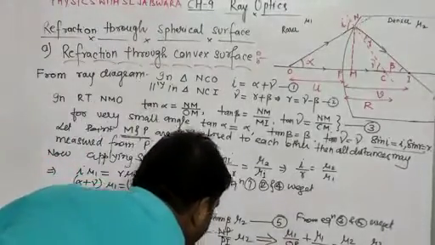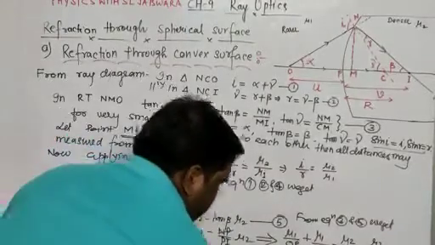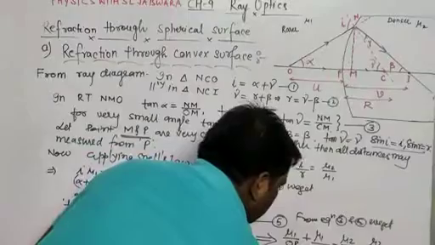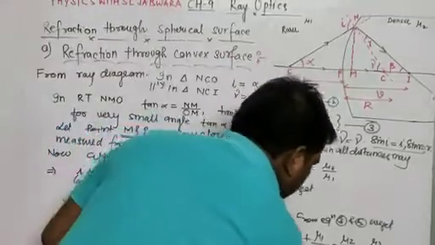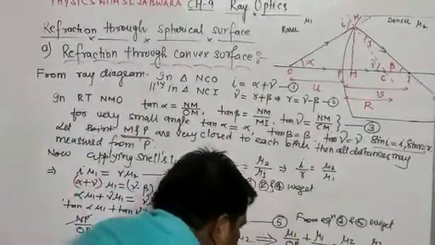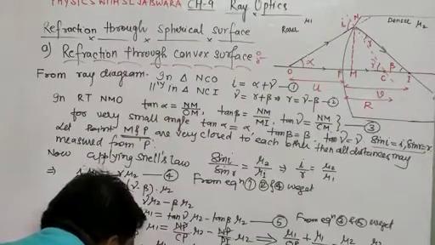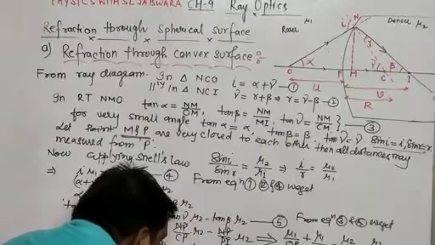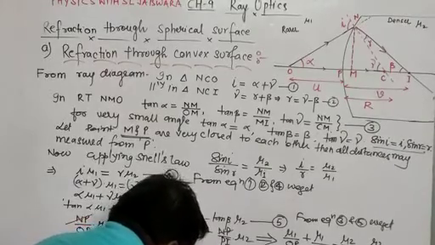So further we will get, see, mu 1 upon minus U, when you transpose this to RHS it becomes plus, mu 1 upon plus V is equal to mu 2 upon capital R. When you transpose this mu 1 upon R to RHS it will be minus mu 1 upon capital R. So rearranging, we can write the first term, mu 1 upon V minus mu 1 upon U, is equal to mu 2 upon R minus mu 1 upon R.